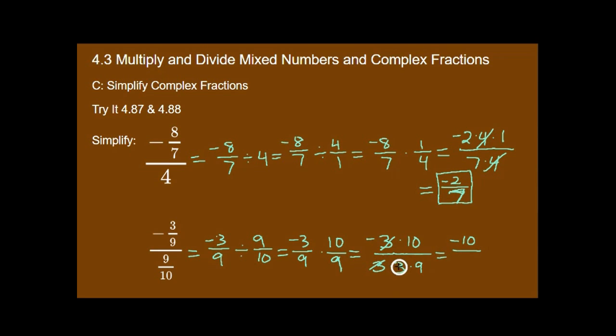And then on the bottom I have 3 times 9, which is 27. Then I want to check, is there anything that can divide evenly into negative 10 and into 27? Nope, nothing can divide evenly into those, so that is reduced. And my answer is negative 10 over 27.